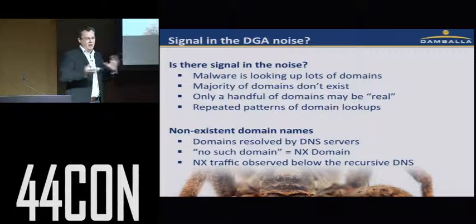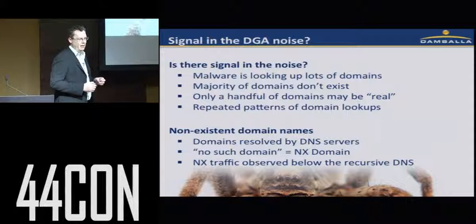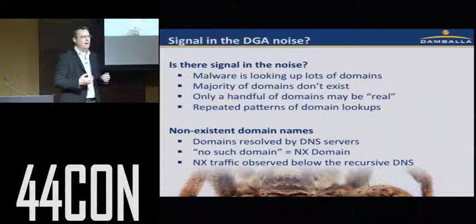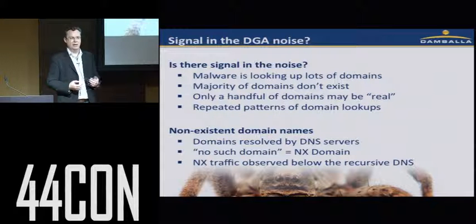So if this is all going on, say you're a large network with maybe 50,000 devices, and you've got a couple of hundred infected devices running malware with DGA command and control elements.